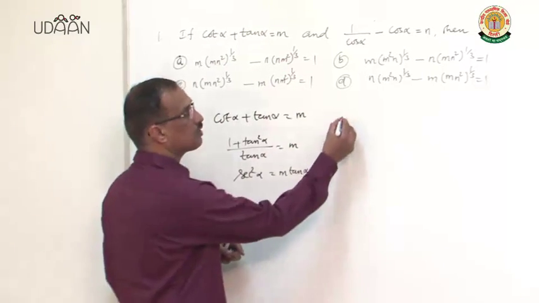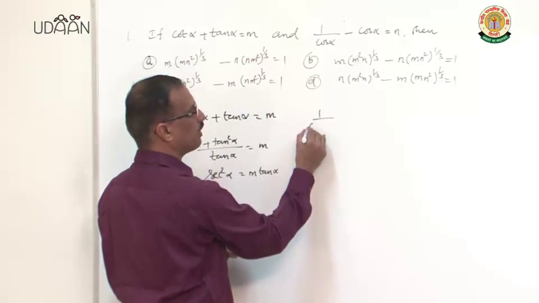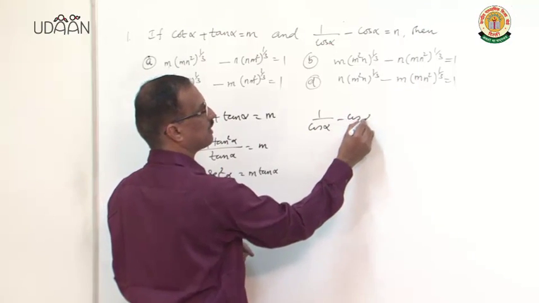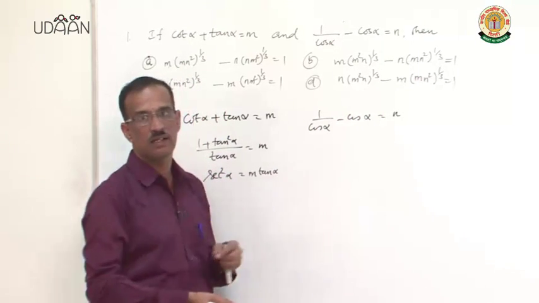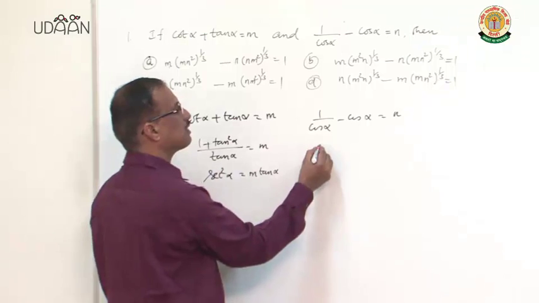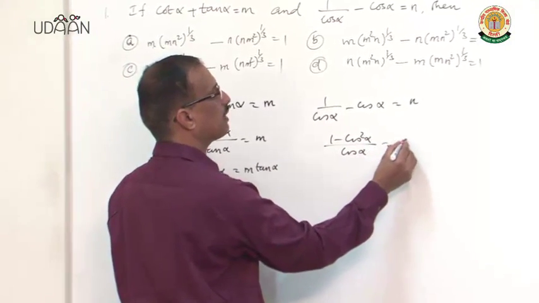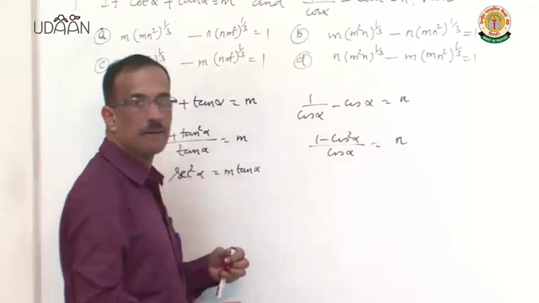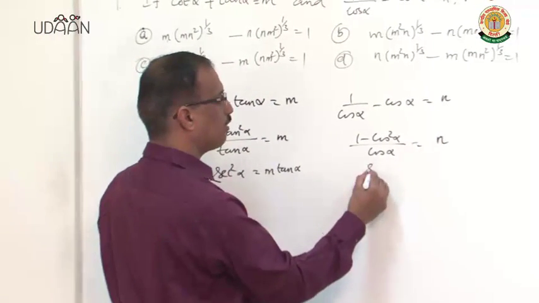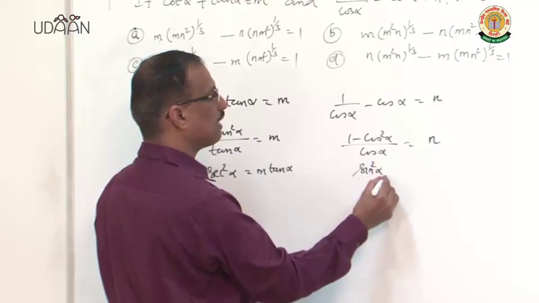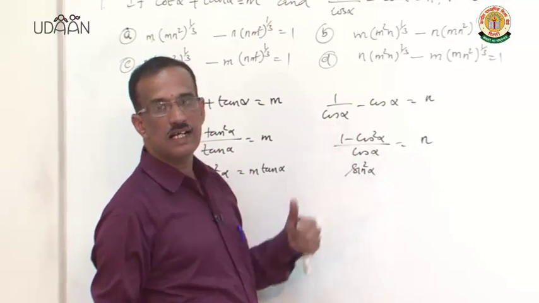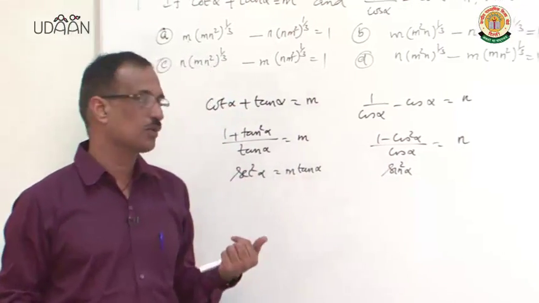Similarly, if you simplify the other one, that is 1 by cos alpha minus cos alpha equal to n, given. So, from this, 1 minus cos squared alpha by cos alpha equal to n. Or in another way, you can write this as sin squared alpha, because 1 minus cos squared alpha is sin squared alpha.